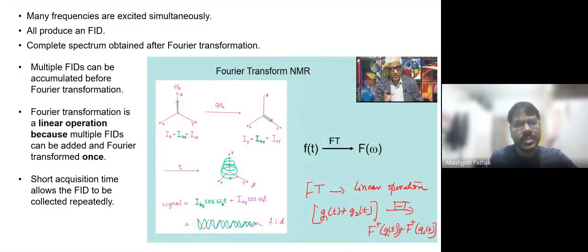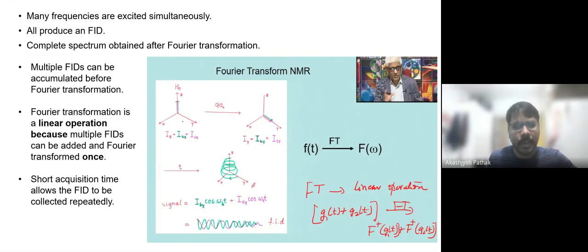Here also you can see, this was explained in very detail in this lecture. In this case you have been given an example of two nuclei, one is the K nucleus and another is the L nucleus.